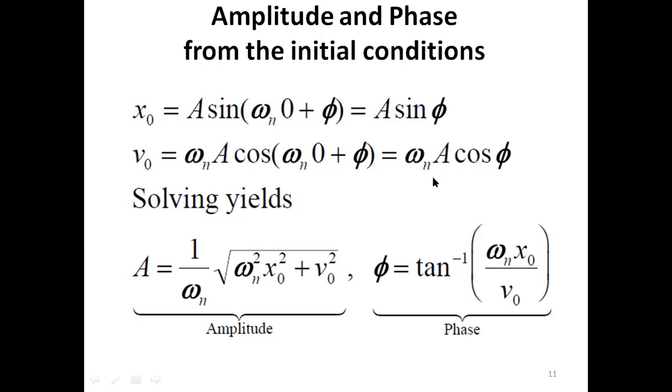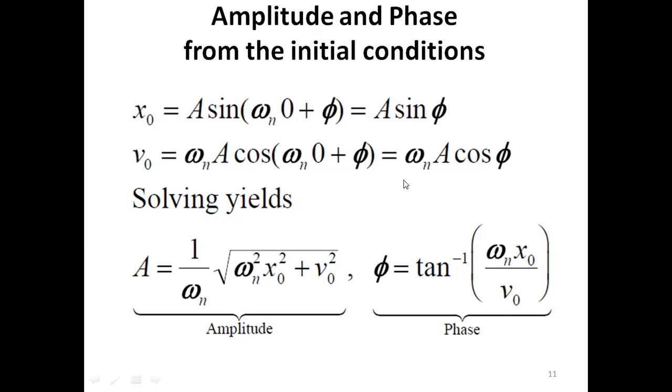So taking ω_n² A² common, then in the bracket we would have sin² φ plus cos² φ. And we know that in trigonometry, sin² φ plus cos² φ is 1.